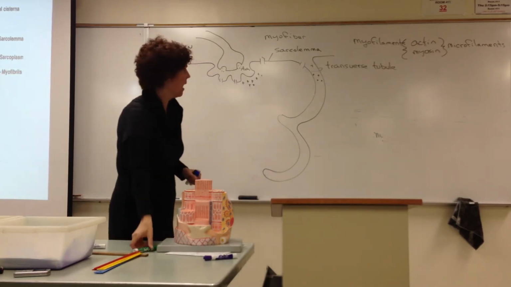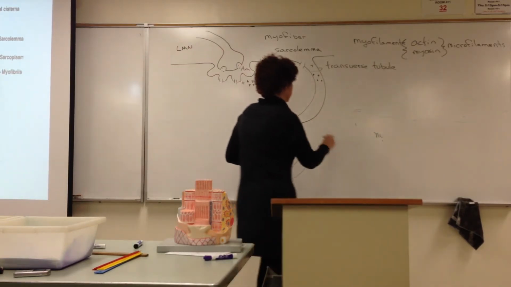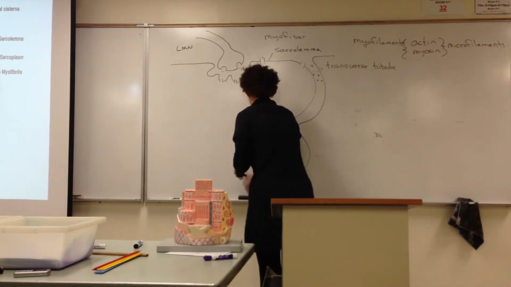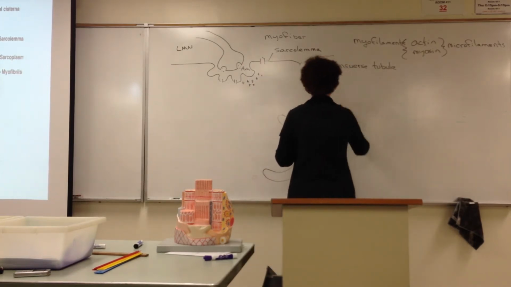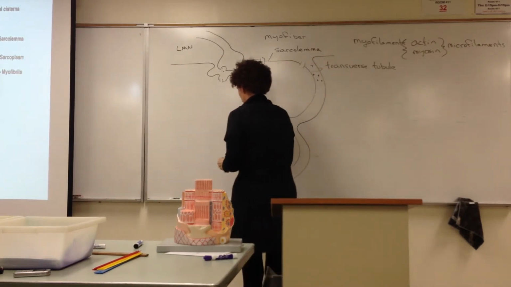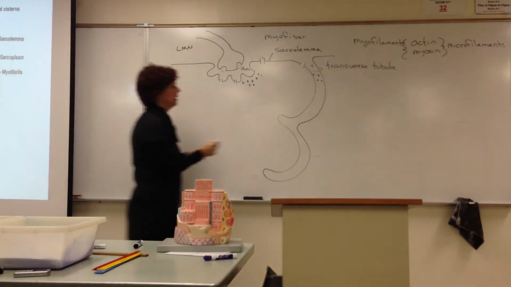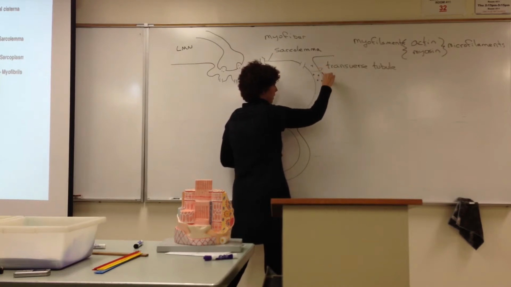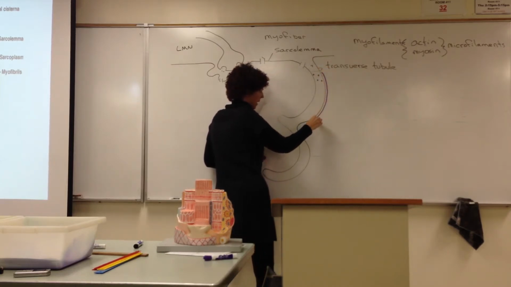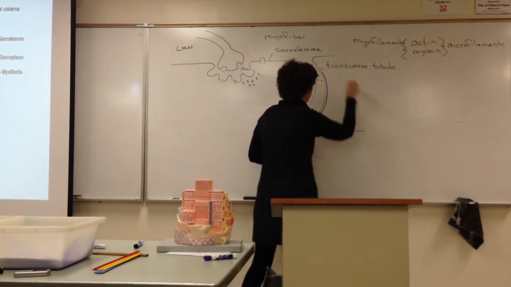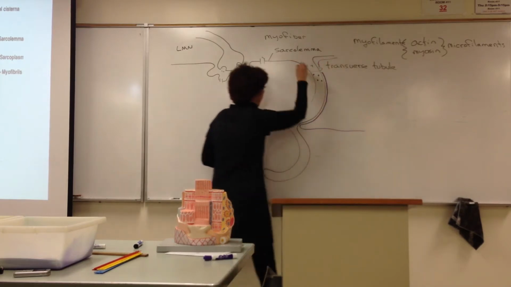And so we have, I'm going to draw the sarcoplasmic reticulum first because it's covering. So the sarcoplasmic reticulum is going to be wrapped around our bundle of actin and myosin.